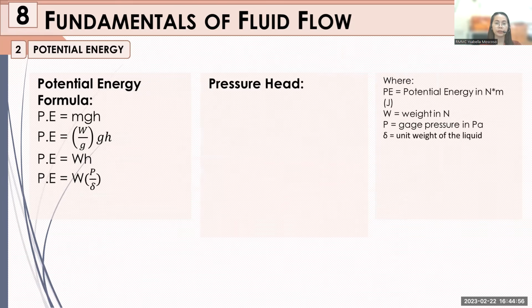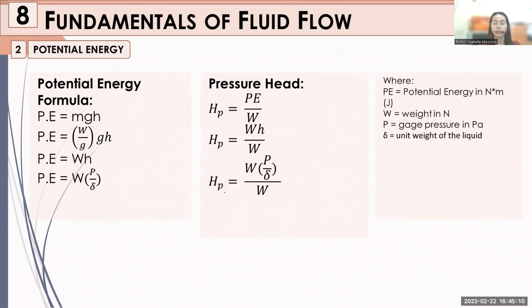Okay, so let us talk about your unit head. I mean, for your pressure head, that is the ratio between potential energy and the weight. So WH divided by W, now that we know that the value of your H is P over gamma. Cancel natin yung weight, therefore your pressure head is P over gamma.